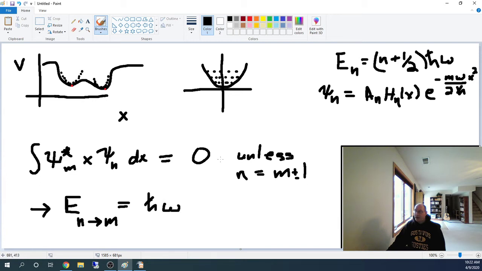Because all states of the harmonic oscillator differ in energy by 1 unit of h bar omega. Okay, now remember omega is equal to 2 pi f. If we want to go back to the frequency, the omega frequency is radians per second. The f frequency is in hertz. H bar, remember, is h over 2 pi.